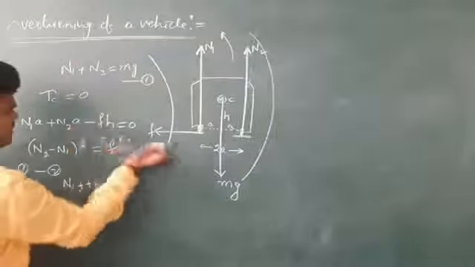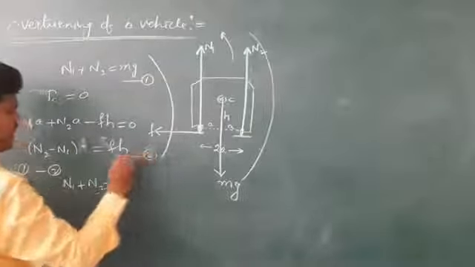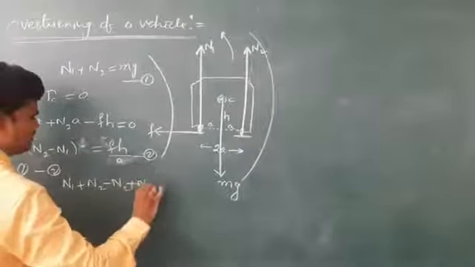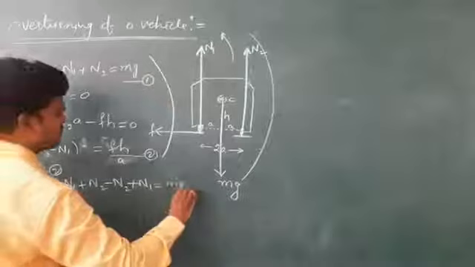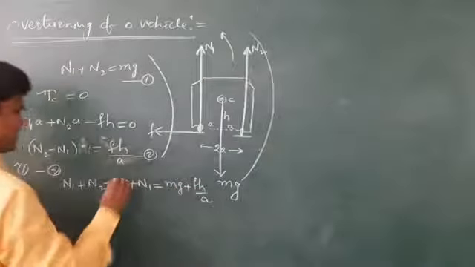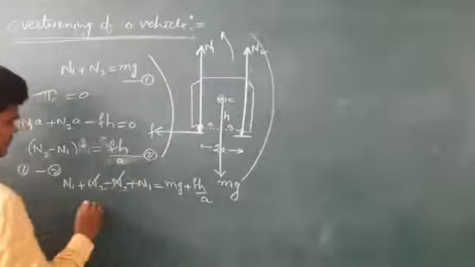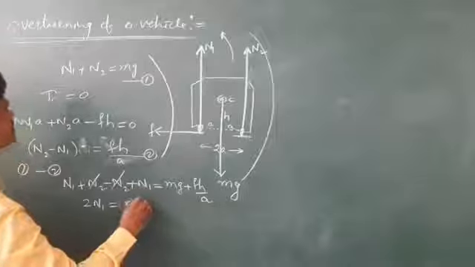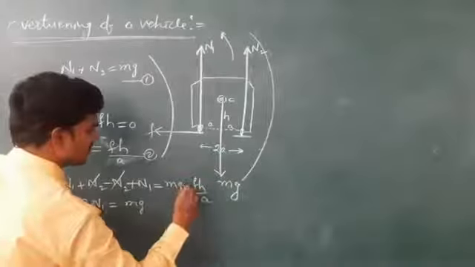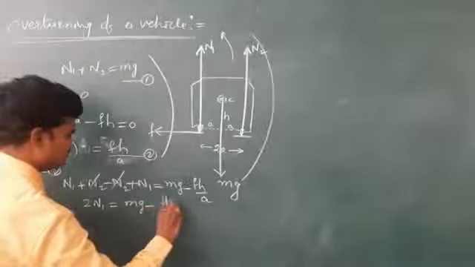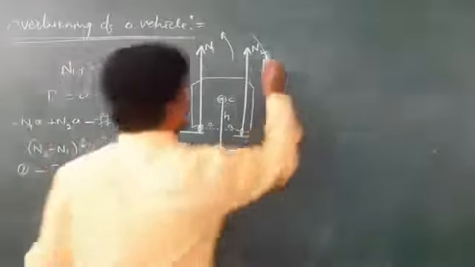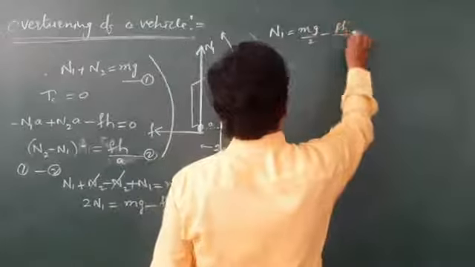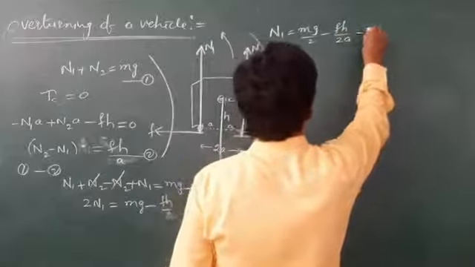So let us write FH by A. So minus N2, minus of minus, plus N1, which is equal to mg plus FH by A. So 2N1 equals mg, I am subtracting both, so mg minus FH by A. So I got N1 equals mg by 2 minus FH by 2A, something like that.